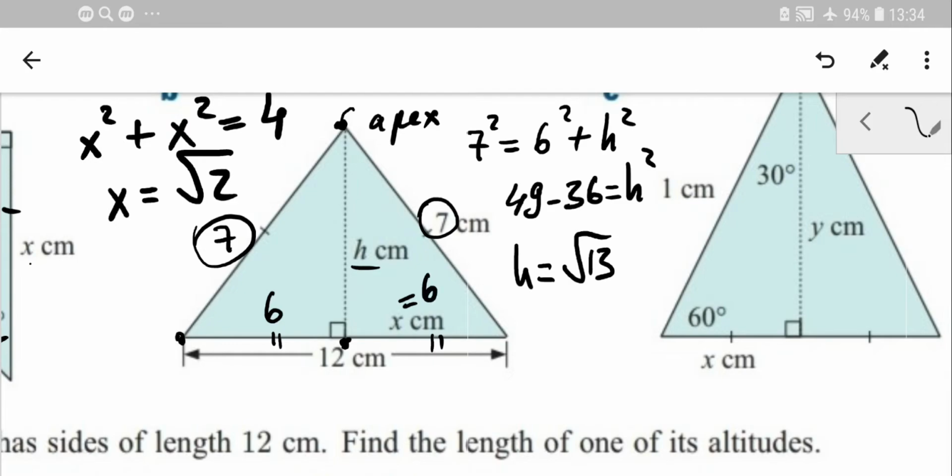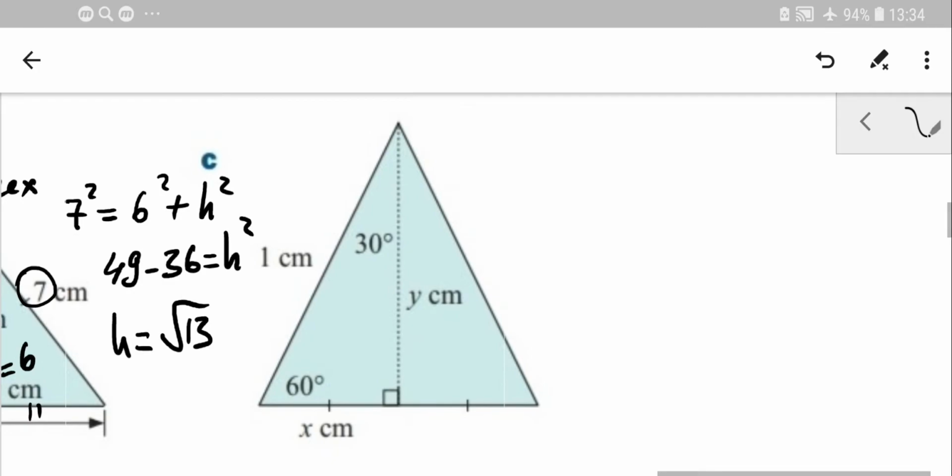Okay, easy. Next one, we've got a height in a triangle, and it splits the base into two equal parts, so obviously this is an isosceles triangle, right? Because we have two equal parts, so this is also x.